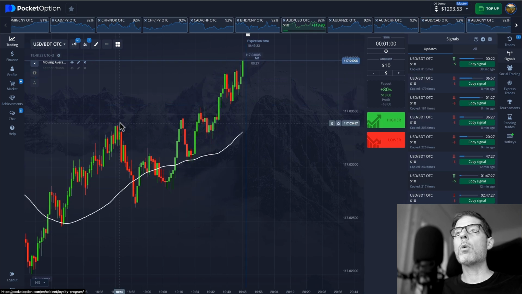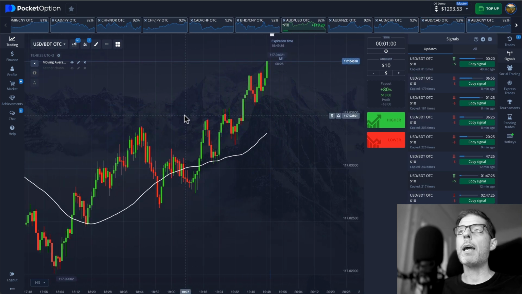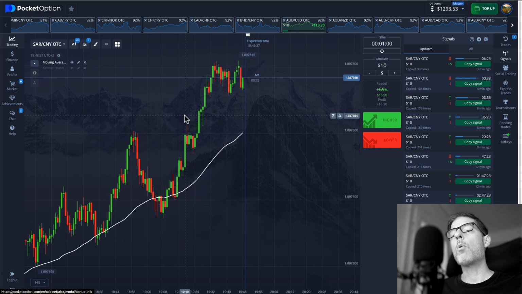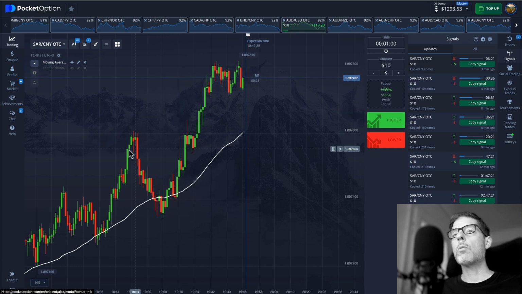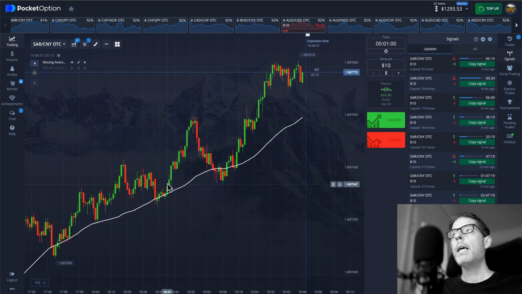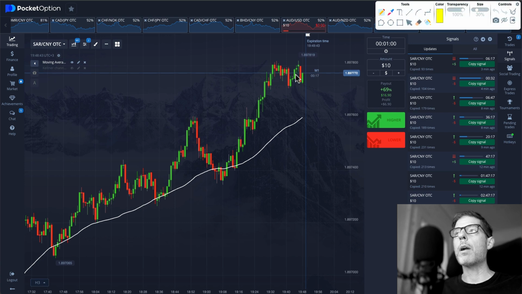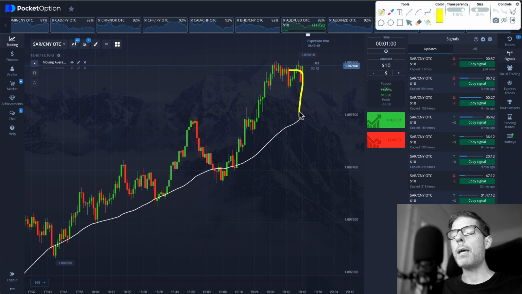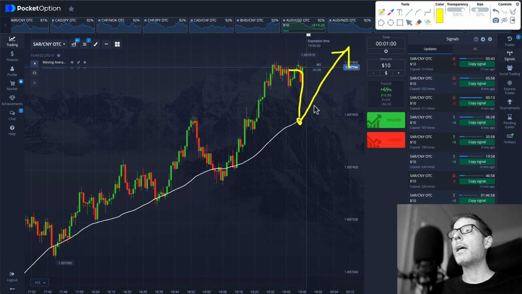I'm looking for a trend, and I'm also looking for a pullback. Right here we've got an upward trend, and I'm looking for this price to pull back a little bit closer to this 50 EMA. Once it reaches that, I'm anticipating a reversal and a continuation in the trend's direction. So that's what we're looking at here.